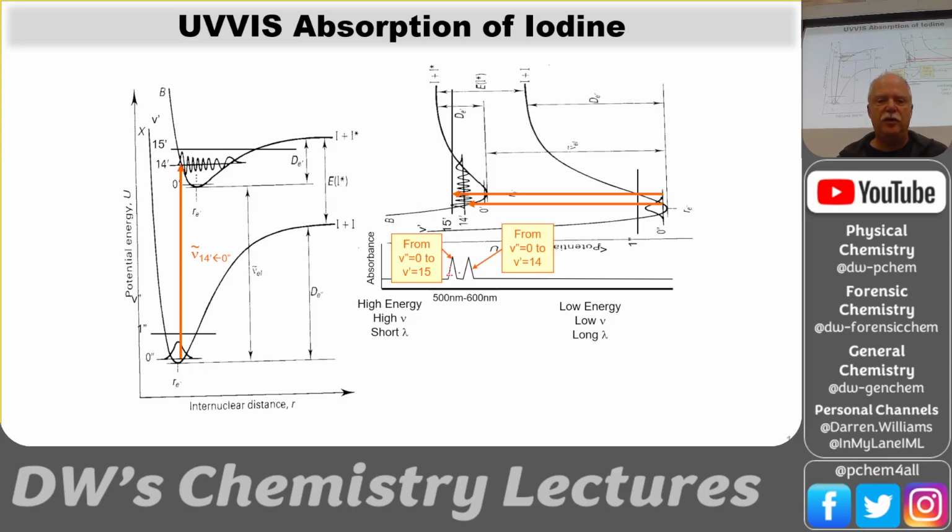So here's a picture of two of those peaks. In this particular case, they both start in the V double prime equals 0. And this one's going to 14 right here. And you see the different length of arrow, right? And this one is going to 15. So whenever we do the assignment, this is what we're assigning. We're assigning these quantum numbers to every one of the peaks.